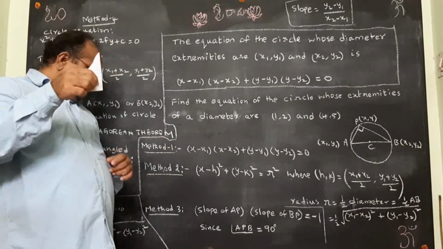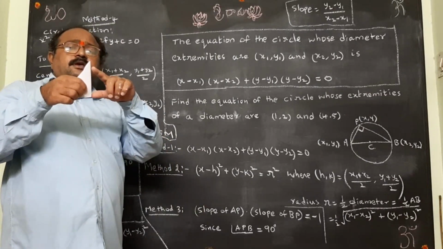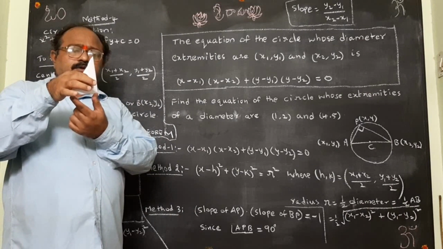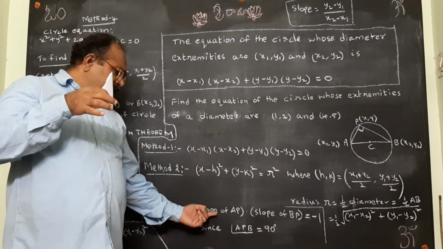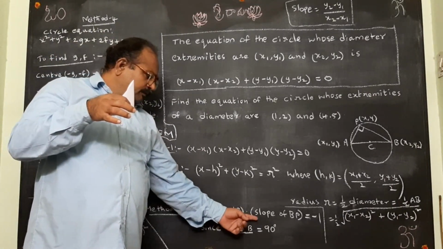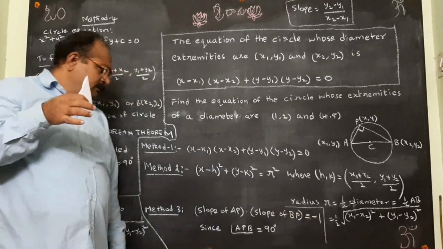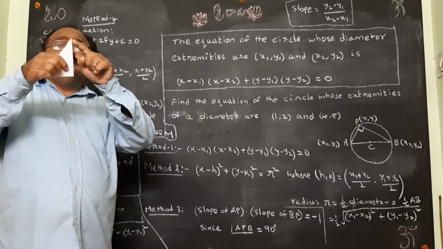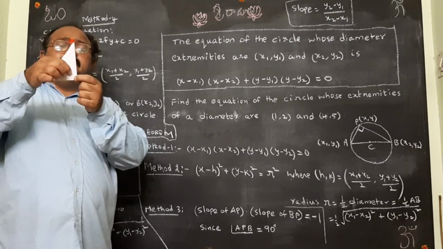So based on this property, slope of AP multiplied by slope of BP equals minus 1. Why? Because angle APB is 90 degrees.